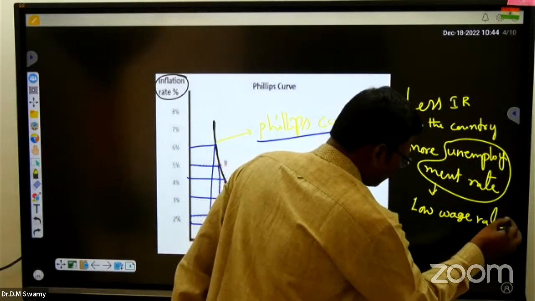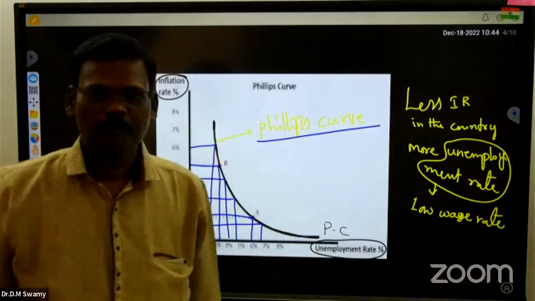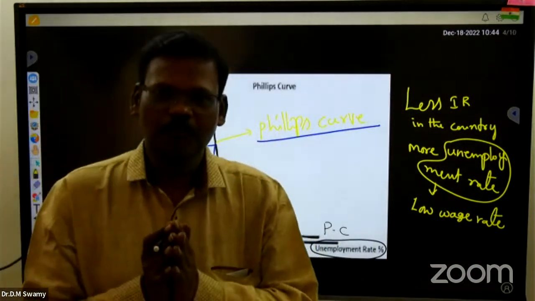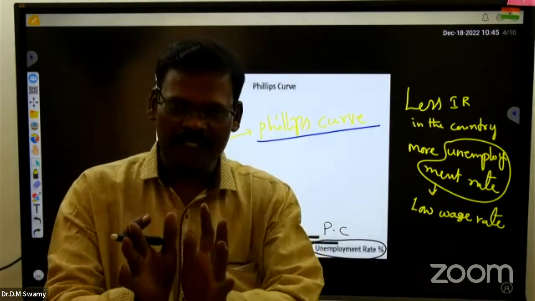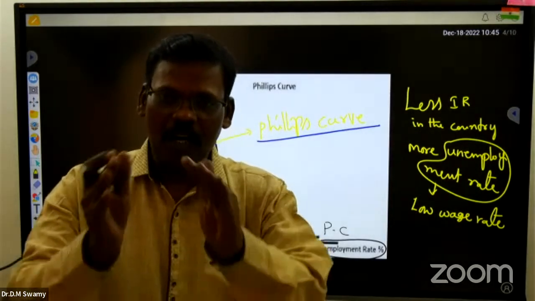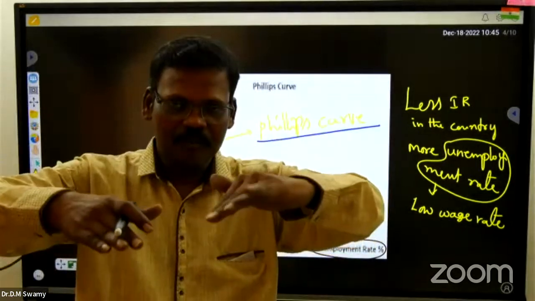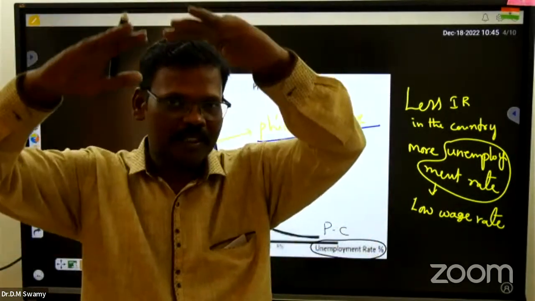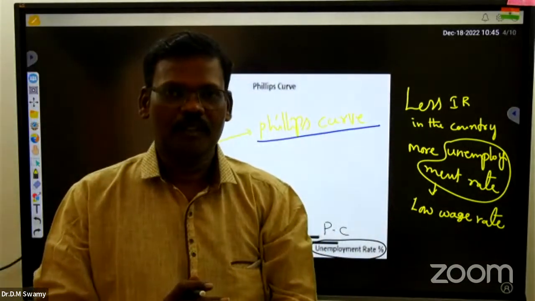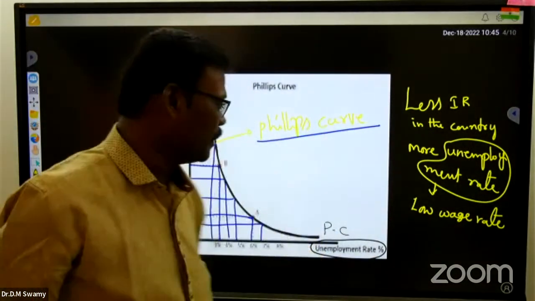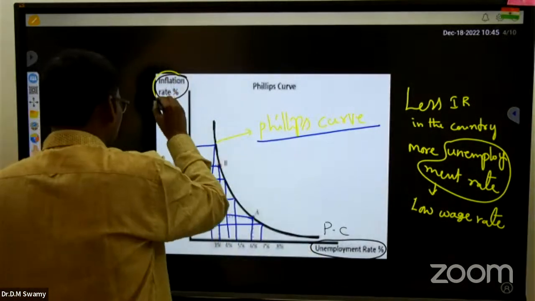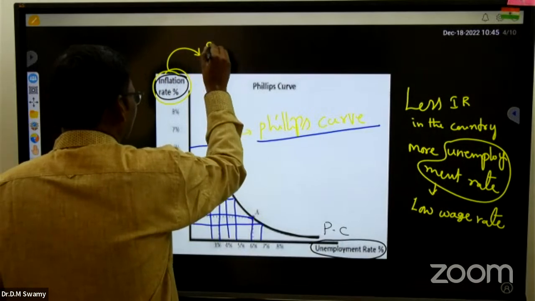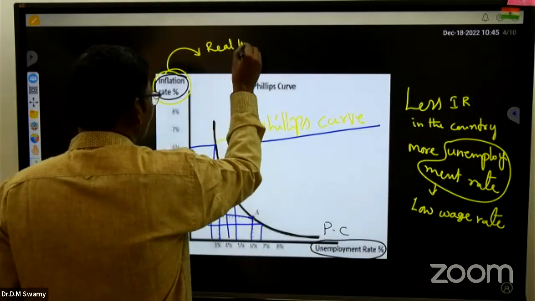If there is a low level of wage rate in the country, automatically production cost will be less, and automatically prices will be less. That is what they discuss. That's why this inflation was measured based on the real wage rate.